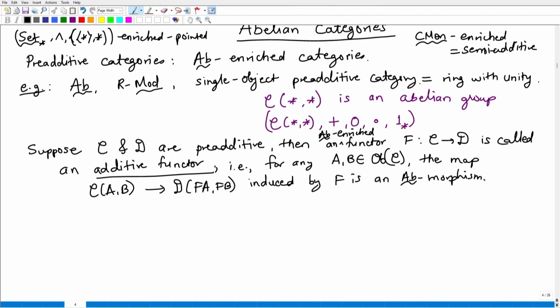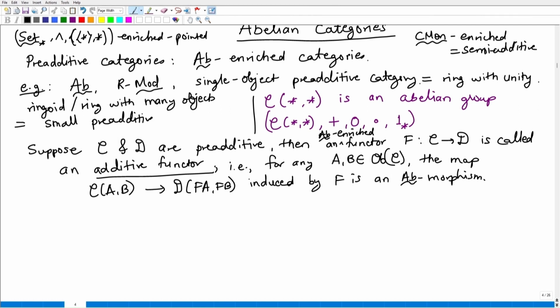Okay, I'll give you one more example in this list, and that is a ringoid, or a ring with many objects. This is defined to be a small pre-additive category. Some people will also say skeletally small, but I'm just taking the definition to be small.